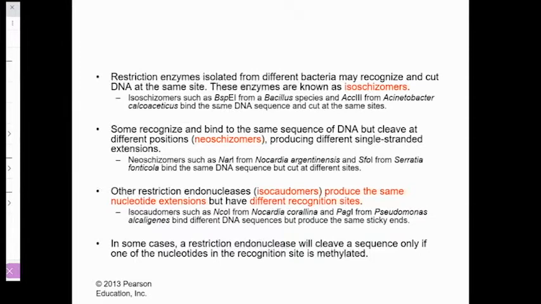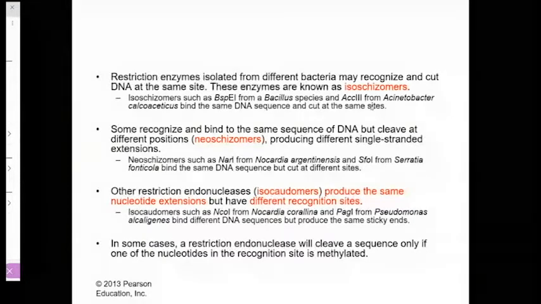For example, BspI from Bacillus and Acc3 from Acinetobacter basically will find and cut the same DNA sequence. So we call these two enzymes isoschizomers.